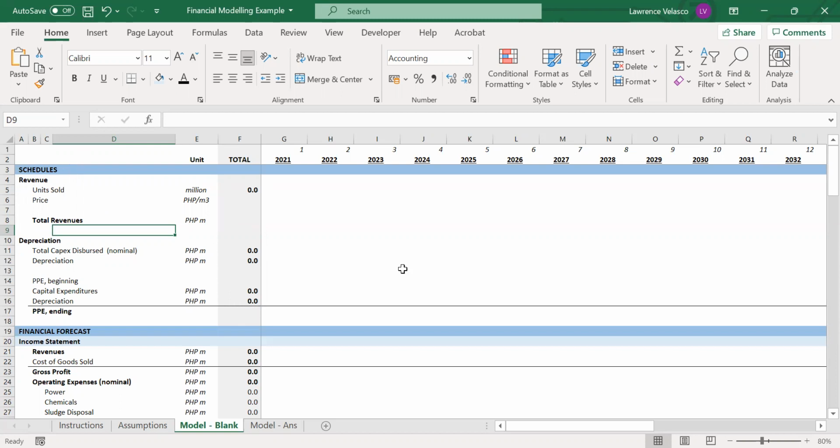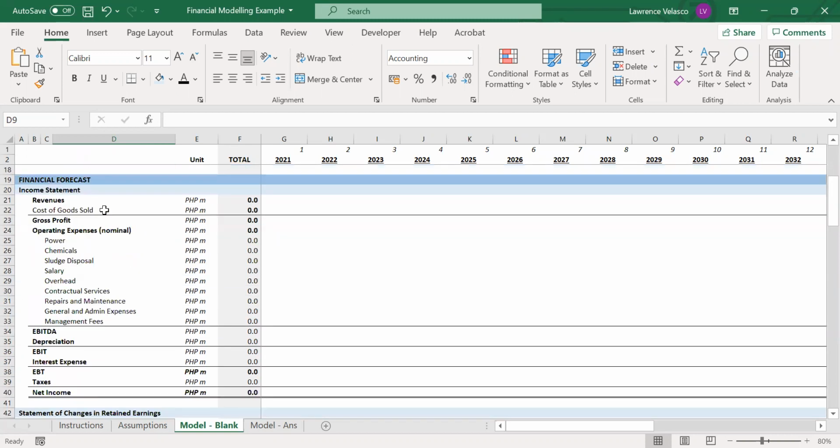Once I have already computed the schedules, the second part is to do the financial forecast already, right? Specifically by doing the income statement first. Okay? And later, maintindihan mo na may mga iba-blank muna tayo dyan kasi hindi pa natin alam. Okay? And then later, it will all come together. Right? Until you arrive at net income.